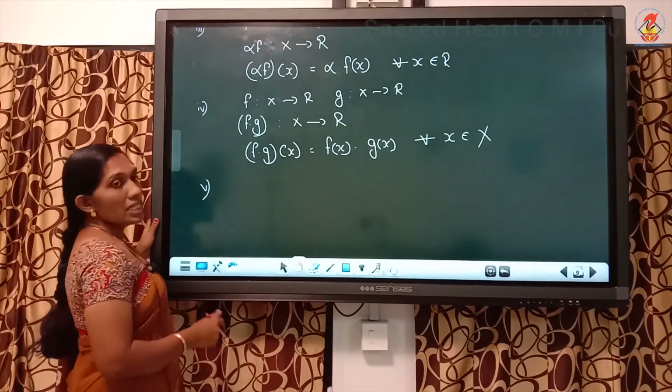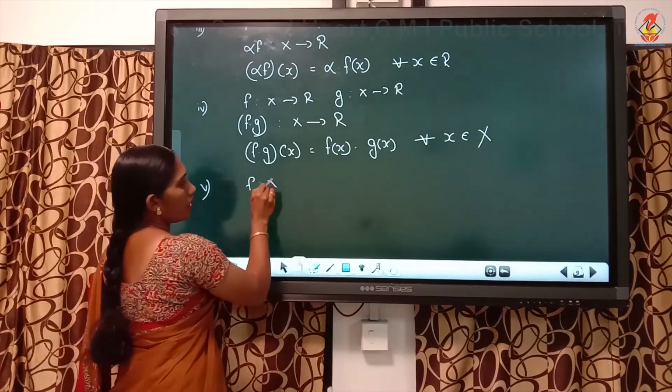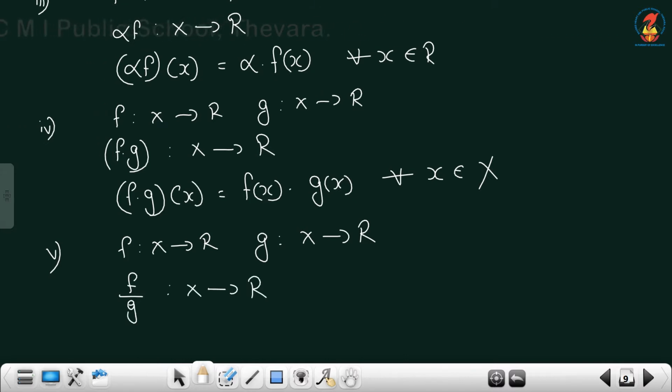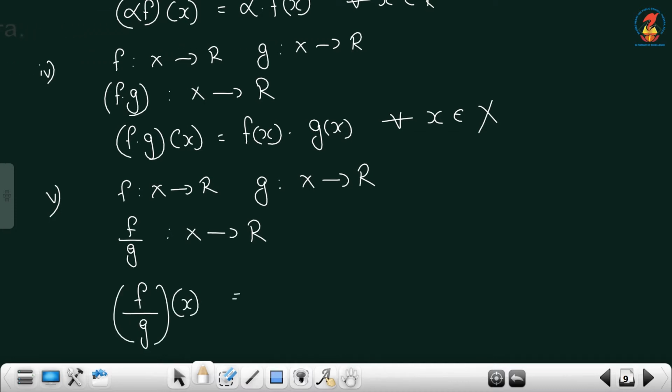Now the next one is quotient of two real functions. f is a function from X to R and g is another function from X to R. Then we can define f by g, that is also from X to R, defined as (f by g)(x) is equal to f(x) by g(x), provided g(x) cannot be 0.